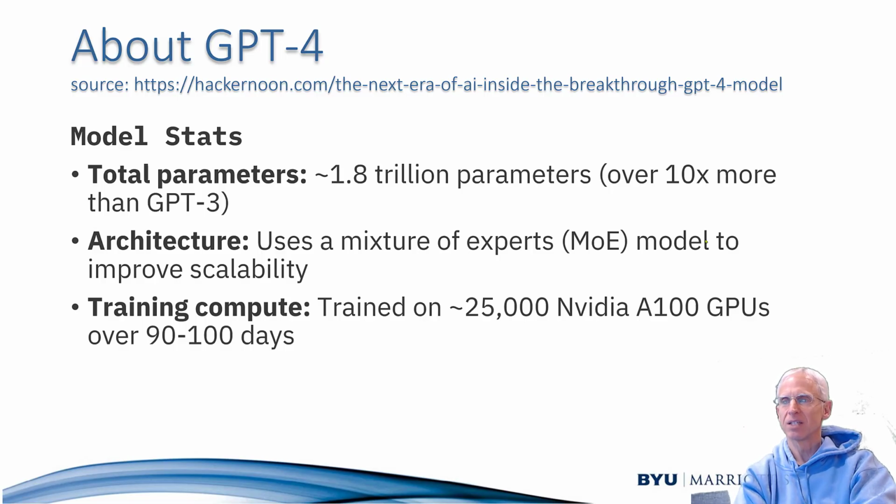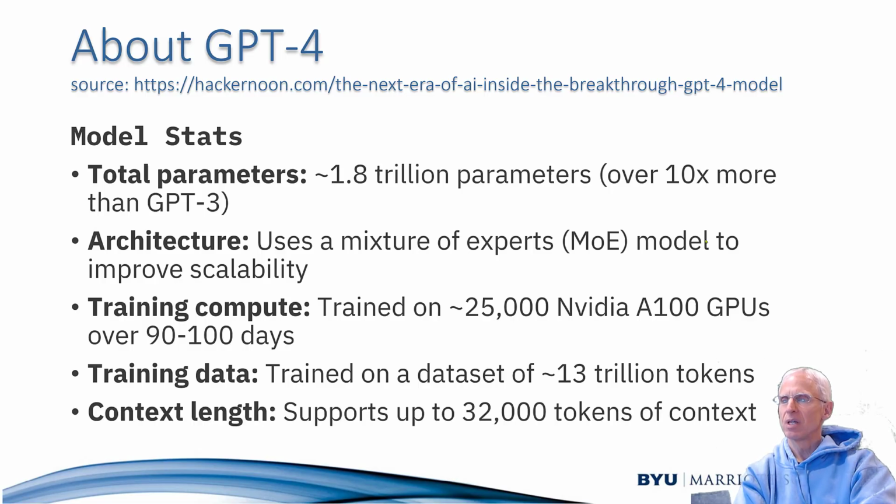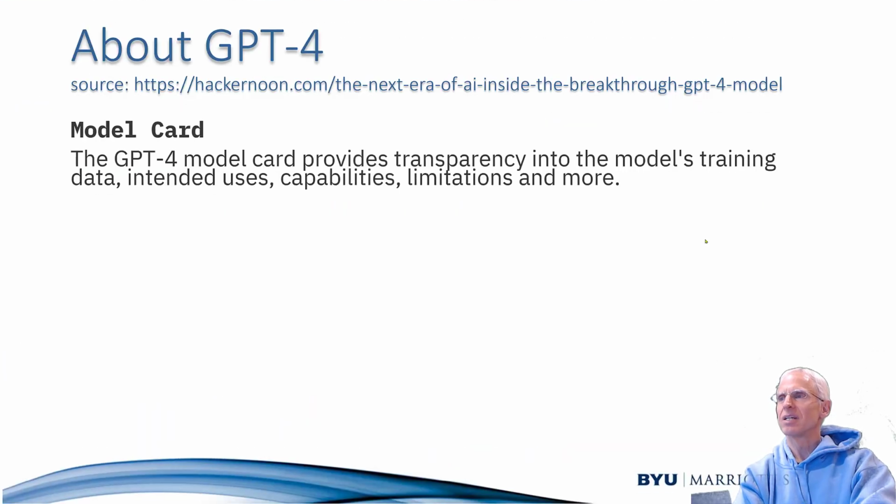Pretty amazing how much compute that is. Trained on a data set of 13 trillion tokens. We used to think that was a lot of tokens, but it's pretty typical now. It supports a context length, also called the context window or context size, of 32,000 tokens. That seemed like a lot at the time, but that's actually not very much, as we will see.